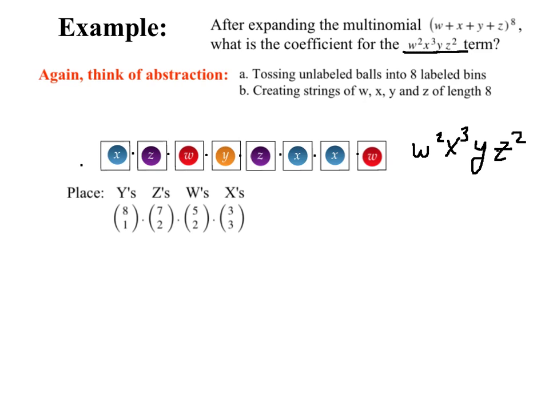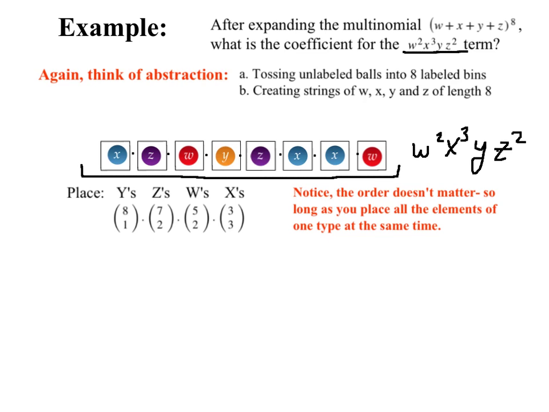And so we see again that this abstraction in fact represents something very concrete. And so the other thing to note here is that the order of choosing the things doesn't matter, so long as you place all of the y's at once, all of the z's, all of the w's, and all of the x's.